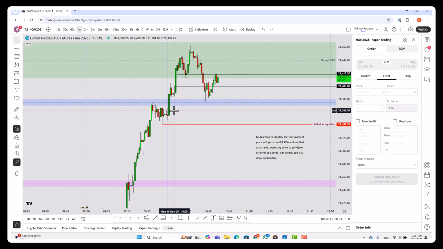Since we have these two fair value gaps here, this one here and this fair value gap, price can consolidate. It's not very much range between the two, so it doesn't make sense to take a trade there for me.